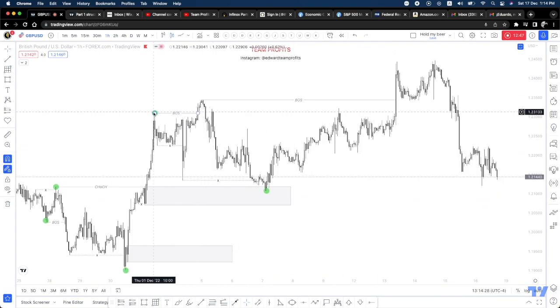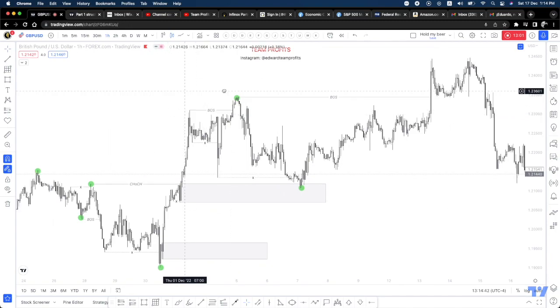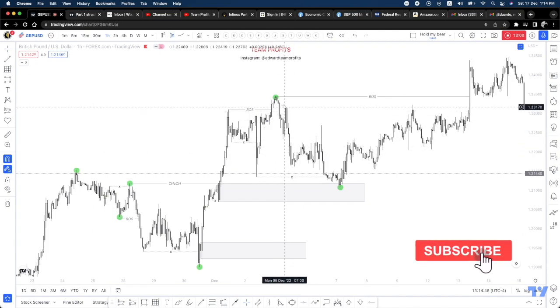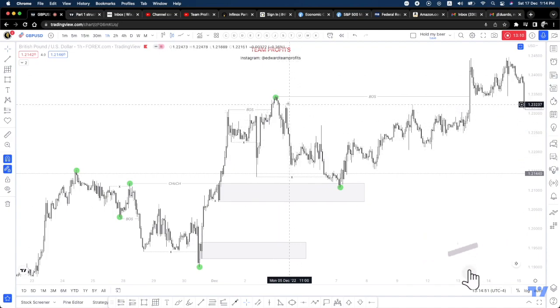I have to correct this because at this point, you can also say that this is where things get messy, because this is my confirmed higher high right there. And this, that was my BOS, this one should be the actual higher high. I know it looks confusing at the moment, but as I mentioned, this drop, I'm sure it happened because of some reports. It can mess things up, okay?